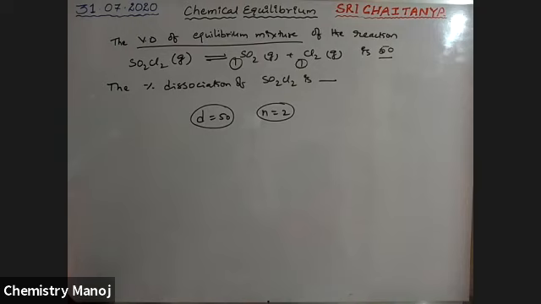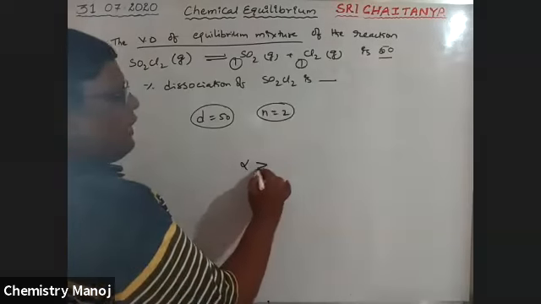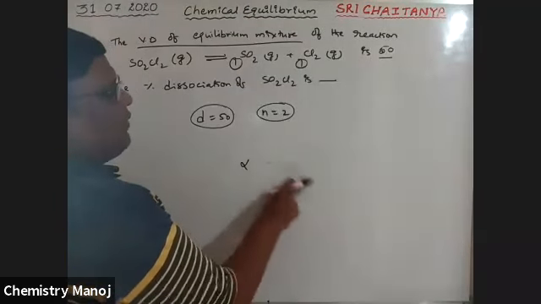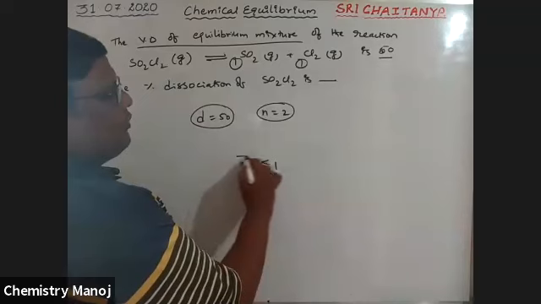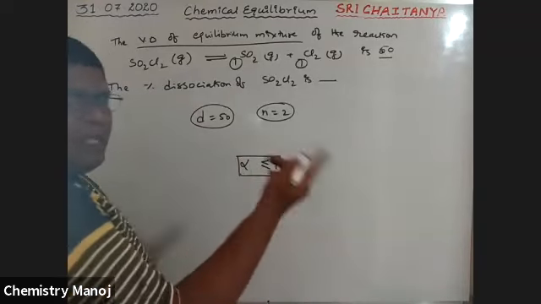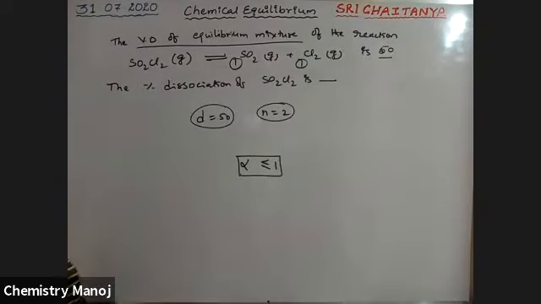Now find capital D. Is it possible that the value is 170 percent? No, the degree of dissociation alpha never exceeds 1; it is always less than or equal to 1. Please keep this in mind.